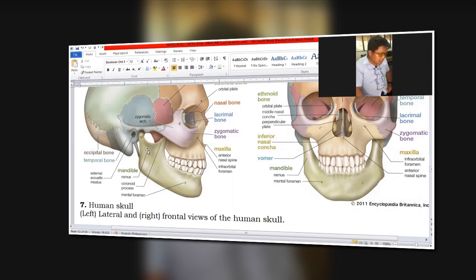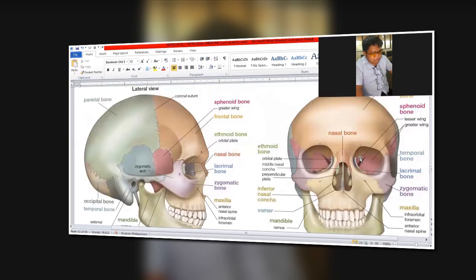Mandible, the jaw. Ramus, coronoid process, mental foramen, here in the jaw. Zygomatic bone, maxilla, and the nasal bone, our nose.